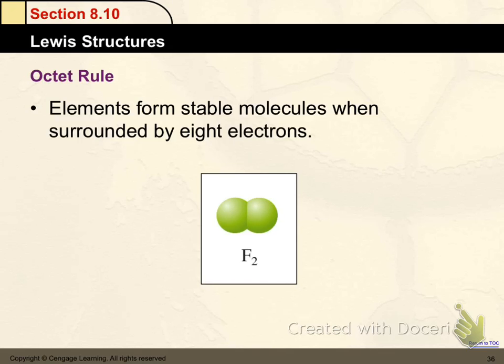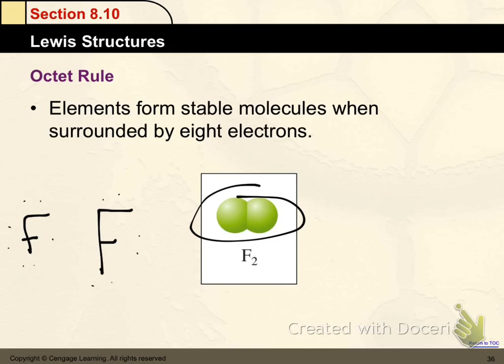Like I said, fluorine's a nice example of that. So we've got a space-filling model here with fluorine, but that doesn't tell us a lot about what the electrons are doing. So let's draw a Lewis structure to help us show that. We'll just draw 2 fluorine atoms. There's one, and here's the other. Okay, there we go.